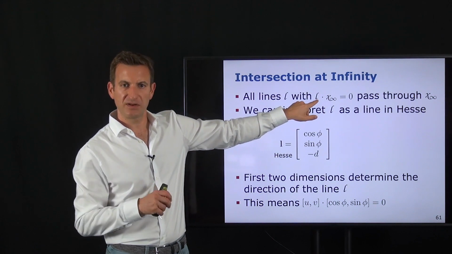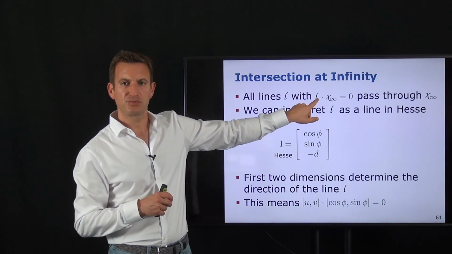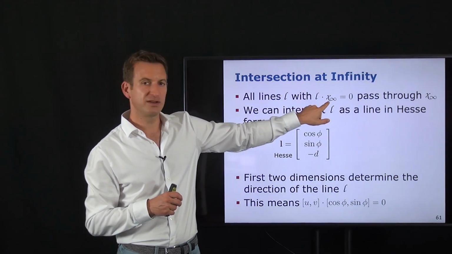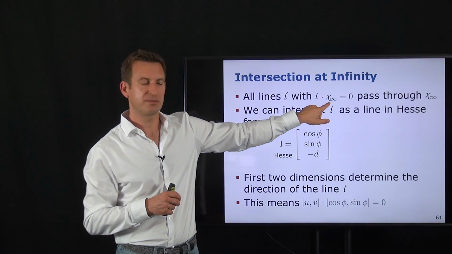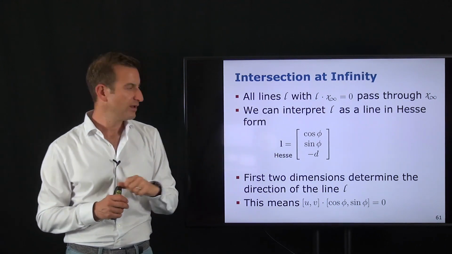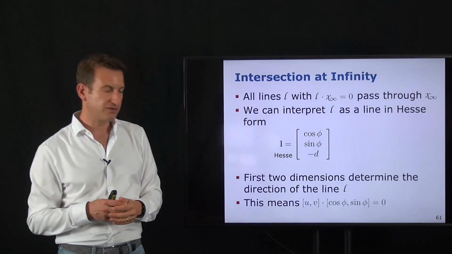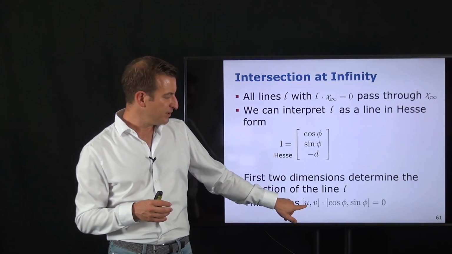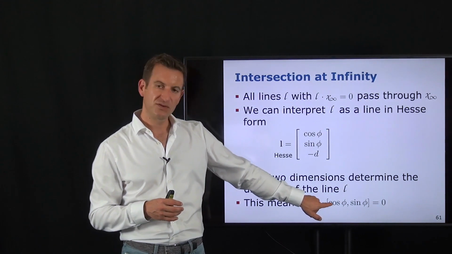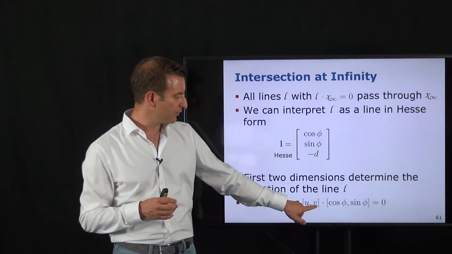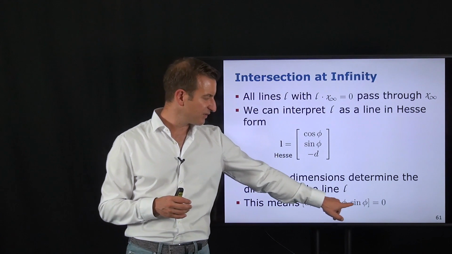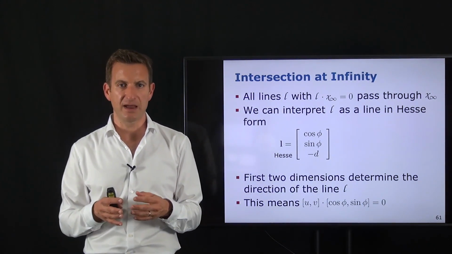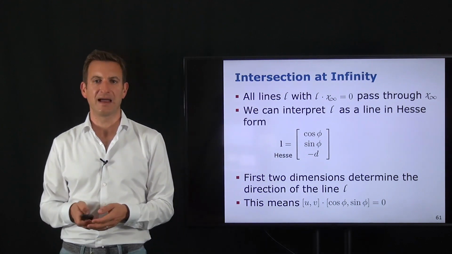So the only parameters in L which I need to fix in order to make the lines intersect with that point are the first two coordinates. And these are exactly the cosine and the sine. That means that u times the cosine of the orientation of the line plus v times the sine of the orientation of the line must be 0. This is the constraint that I have. The third component of the line doesn't matter.